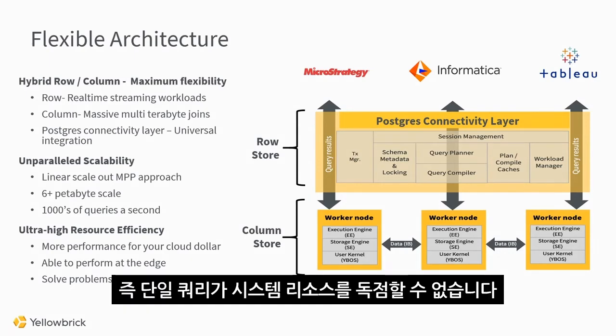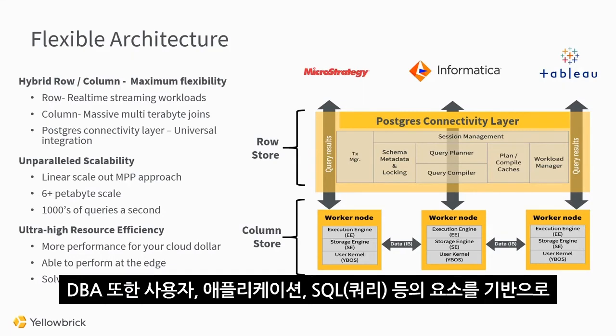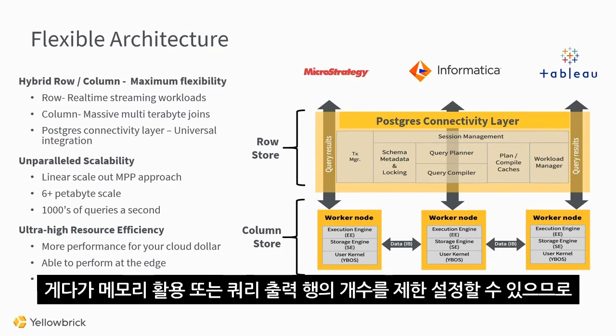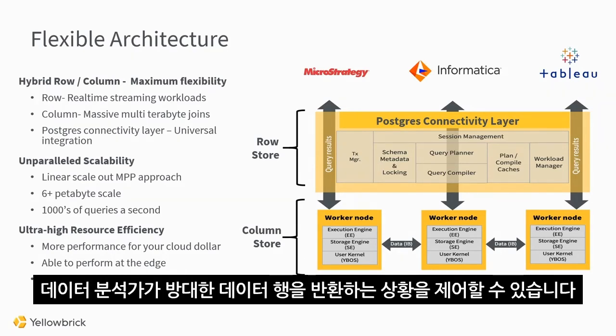This means that no single query can dominate the system resources. DBAs can also define rules based on many factors, including users, applications, SQL, and define whether to prioritize or deprioritize queries. In addition, limits can be set for memory utilization or rows, so you don't have to worry about a new data scientist or analyst trying to return 1 billion rows to their desktop client.